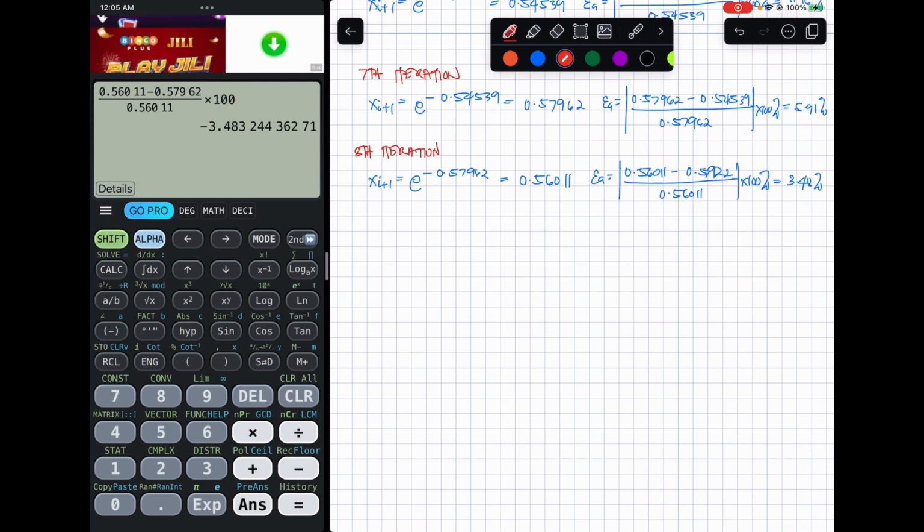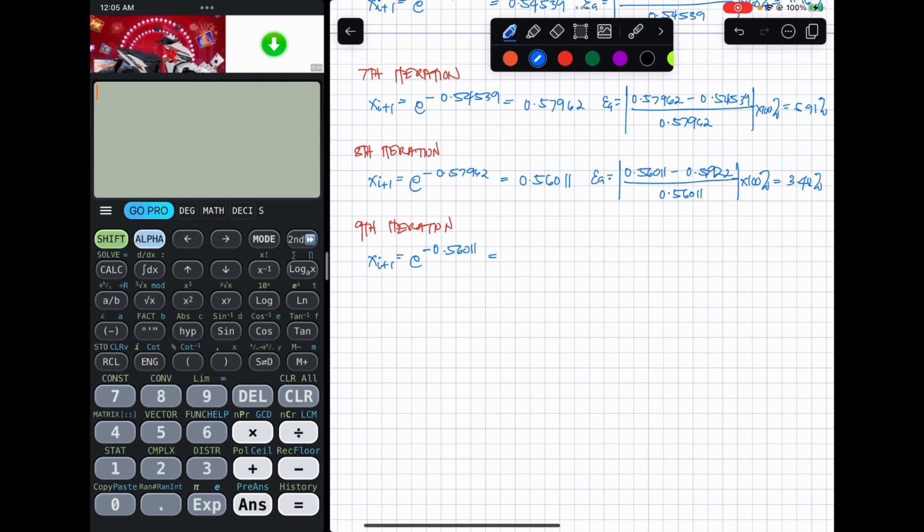Okay, so for the 9th iteration, e raised to negative 0.56011, we have 0.57115.